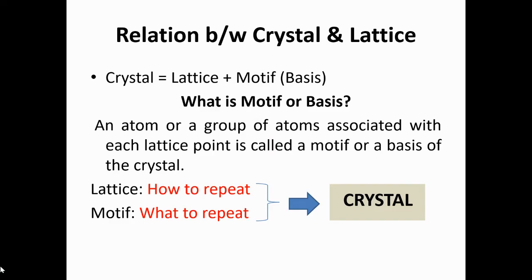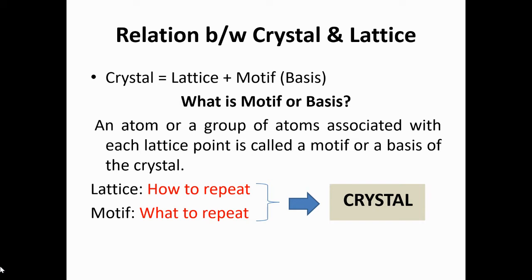Okay, so now we can express the relationship between crystal and lattice by an equation, that is, crystal is equal to lattice plus motif or basis. So what is the basis or motif?